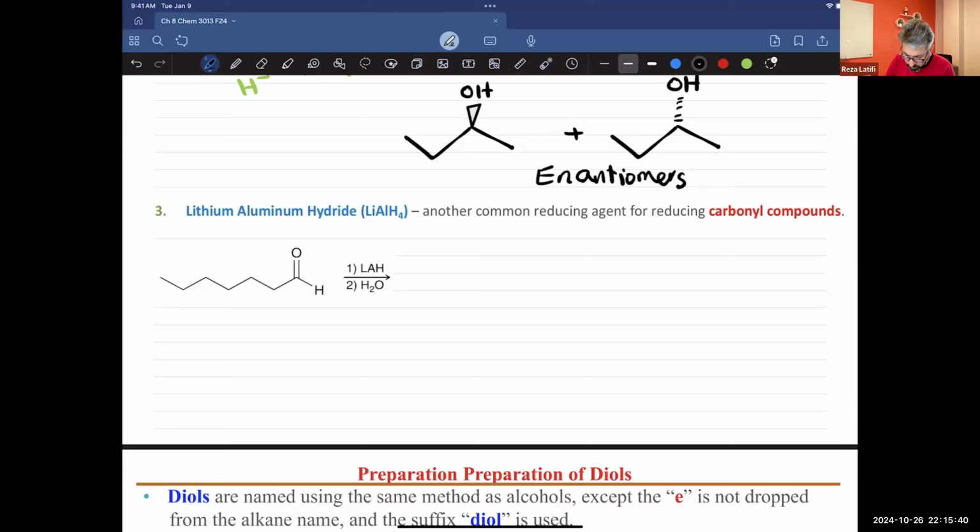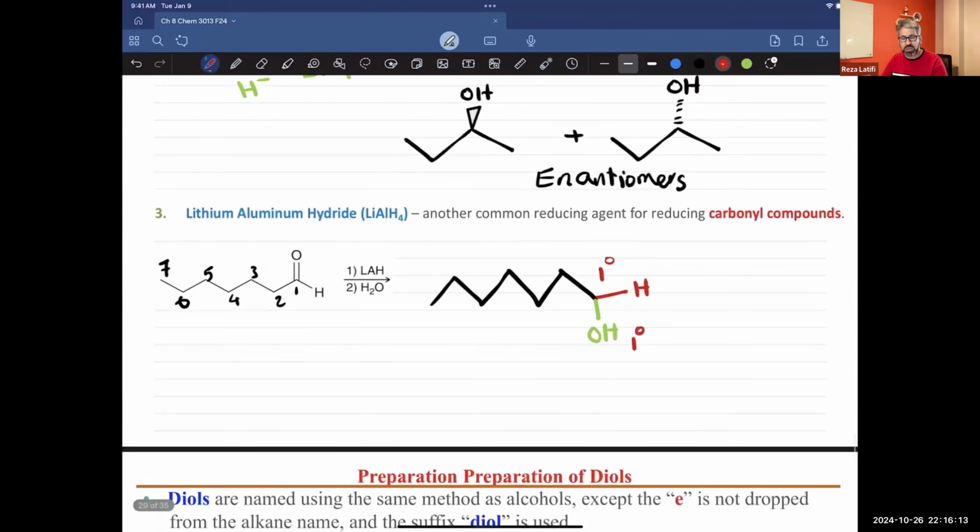And in this case, I have 1, 2, 3, 4, 5, 6, 7 carbons, and on the first carbon we're gonna have OH. And also we do have H there. So this is gonna be a primary alcohol because we started with aldehyde. Again, this is 1, 2, 3, 4, 5, 6, 7 carbon. So I got primary alcohol.